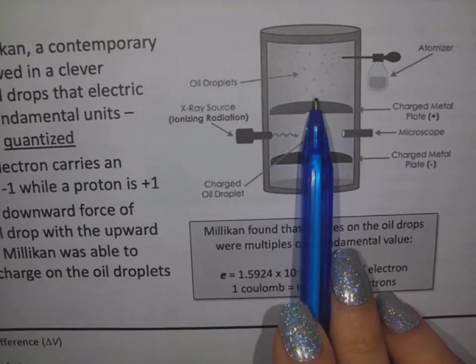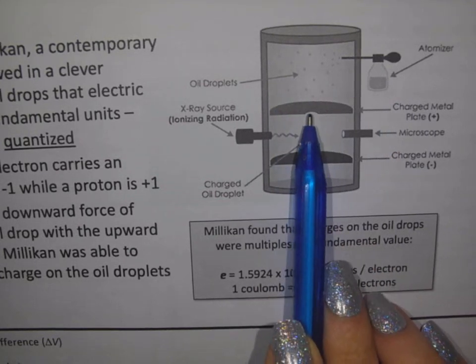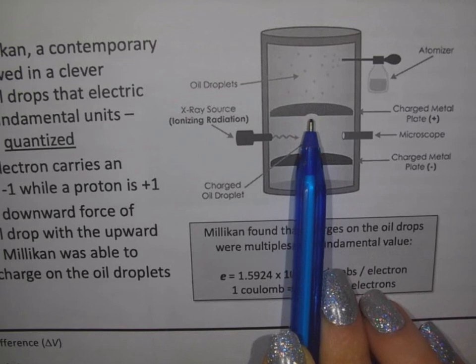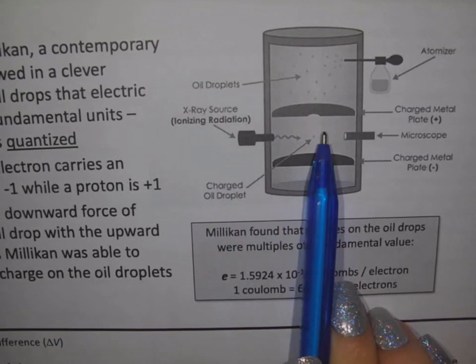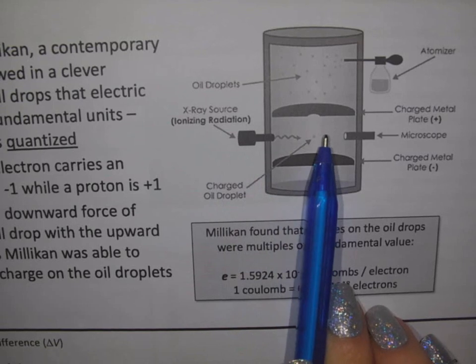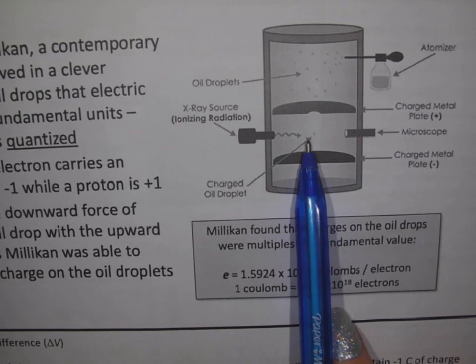We have these little droplets of oil that would fall through a little hole here, and he would send X-rays at it, and the X-rays would kick electrons off of it.